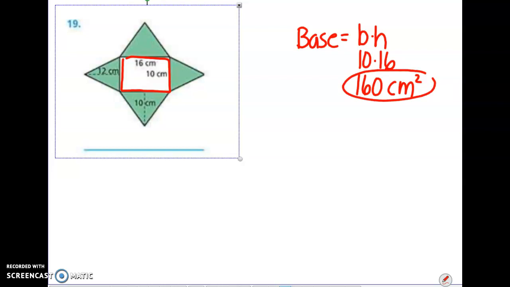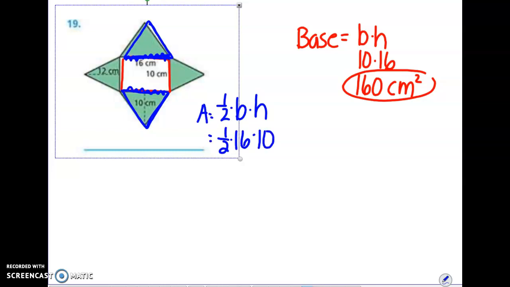I'm going to notice now, I'm going to do this one in blue. I've got 2 triangles. Because it's not a square, my triangles aren't all the same size. But I've got one triangle here, and this blue triangle here that are the same size. Area of a triangle is half times the base times the height. So I'm noticing right here, since this side is 16, this side is 16. So the area of that triangle, I'm going to take 1/2 times 16 times 10.